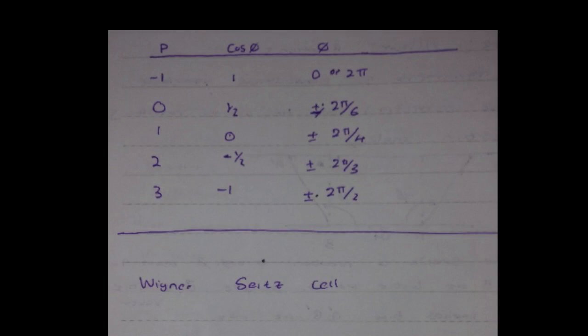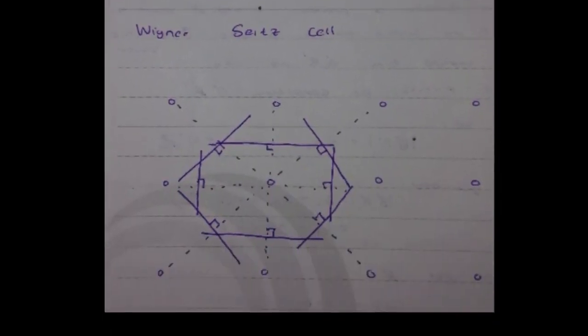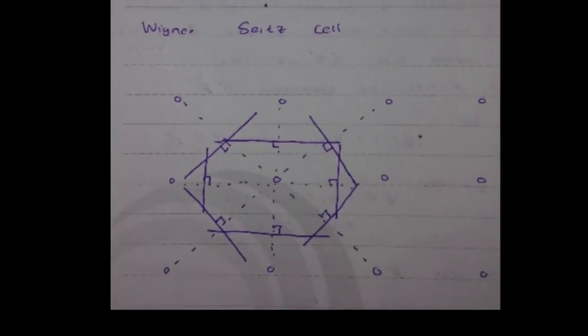And now, as an aside to this, we talked a bit about the idea of a Wigner-Seitz cell. So here I'm simply illustrating the same idea by showing you what I meant by its construction. So if we have a set of lattice points, we can draw lines joining all the neighbors to one of the lattice points, and then we bisect these lines with a perpendicular bisector.